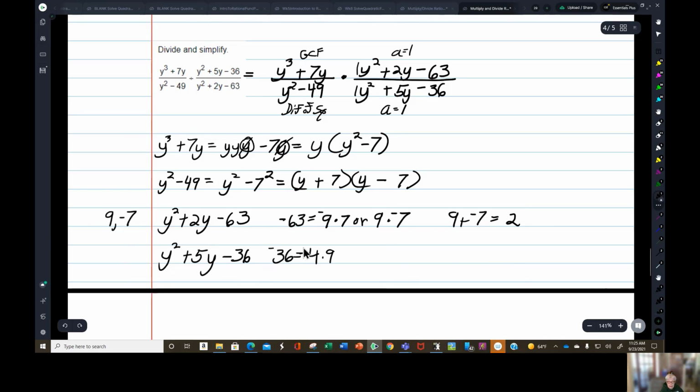Negative 36 is negative 4 times positive 9, or positive 4 times negative 9, but if you add negative 4 plus positive 9, that will give you positive 5, which is what you've got right there. So we are going to use negative 4 and positive 9. Kind of getting the strategy together.